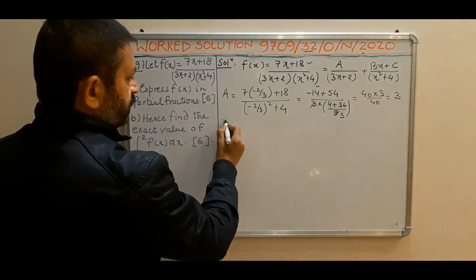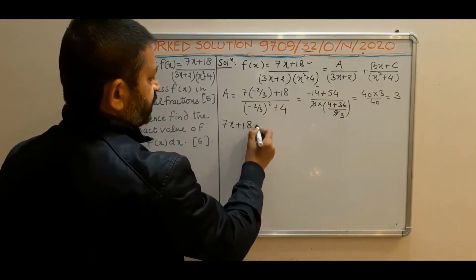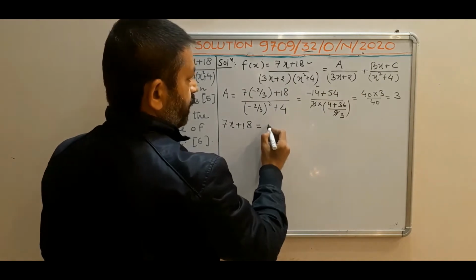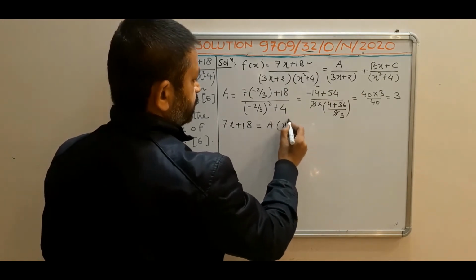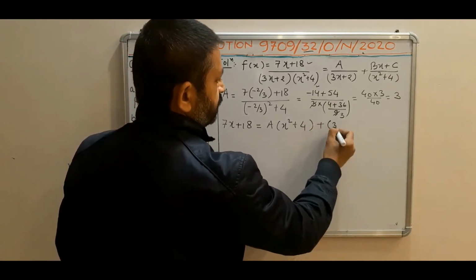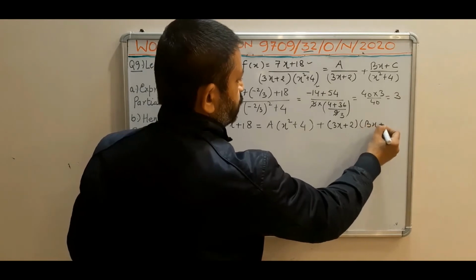So now we can take LCM here. It will become 7x + 18 equals A times (x² + 4) plus (3x + 2) into (Bx + C).